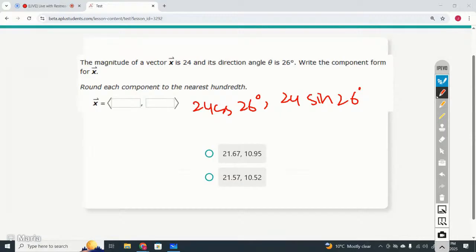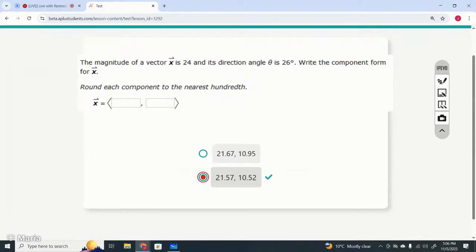Cos 26 is 0.8987. So 0.8987 times 24, that is 21.57. Now sin 26 is 0.4383. So 0.4383 times 24, that equals 10.52. So option number 2 is the correct option. That is 21.57 and 10.52.